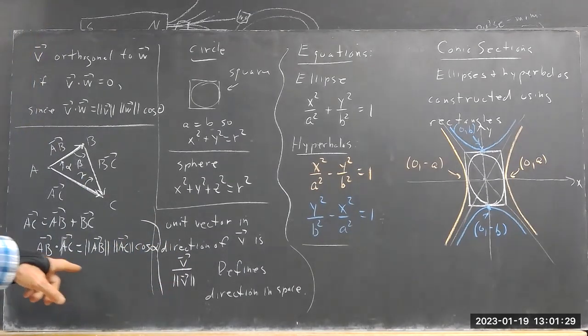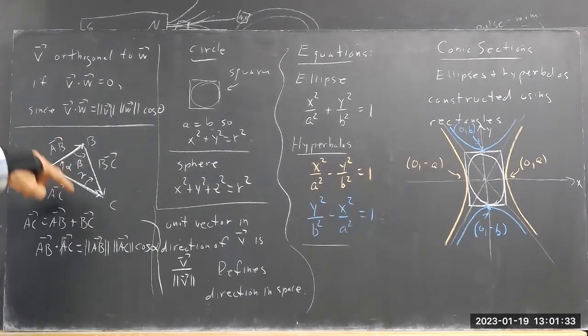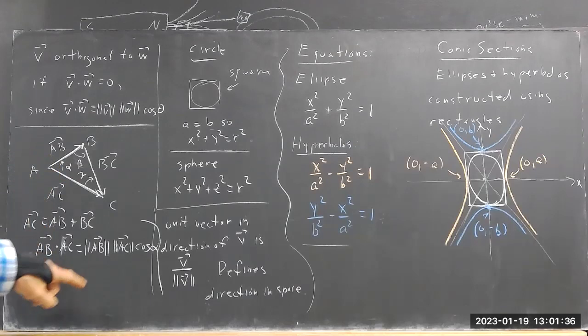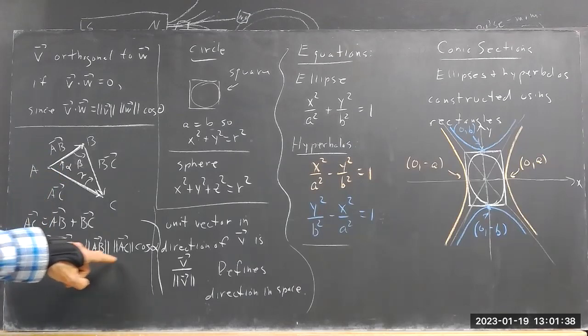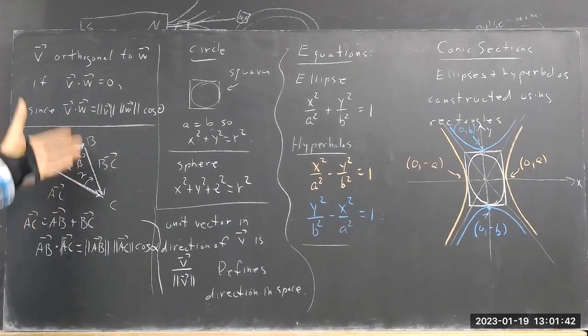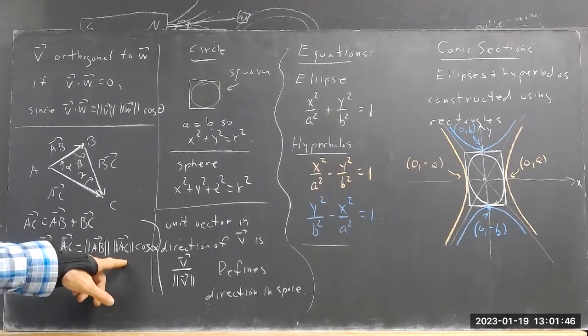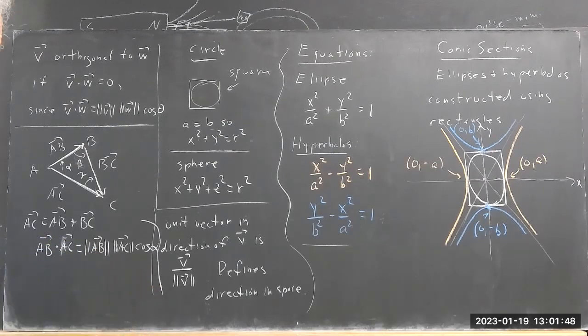Okay, this dot product is the length of this one, which is the length of the side, right? Multiply by cosine of alpha. So if you've got the coordinates, you can do the dot product and find the lengths of the sides, and you can solve for alpha.